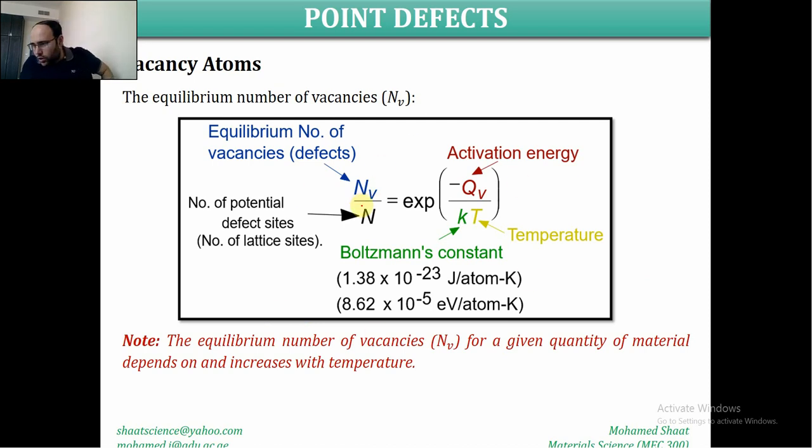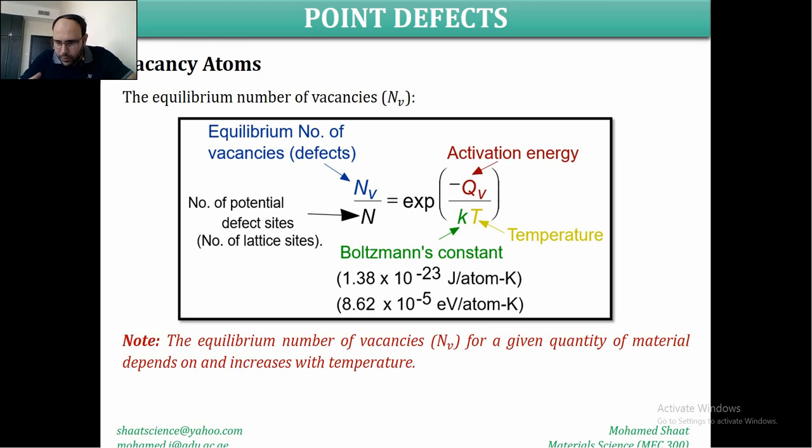This equation calculates how many vacant atoms should exist within any material in the ideal condition, in the conventional condition as a real material. So this NV stands for the equilibrium number of vacancies or defects. Just to make it easy for you, this NV is the number of the vacant atoms. As we mentioned, any material should have a certain number of vacant atoms.